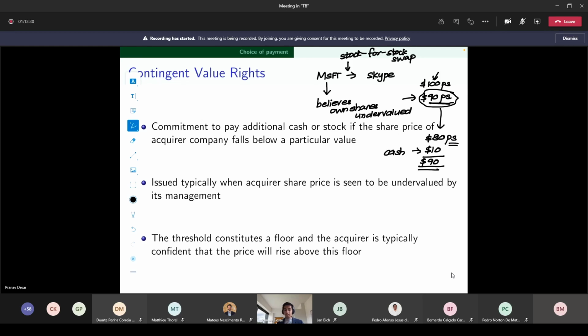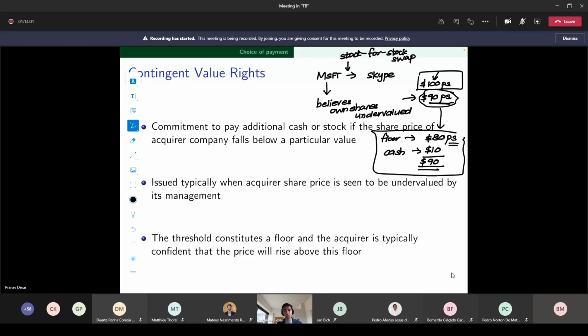So in this case, from the acquirer's perspective, that is from Microsoft's perspective, it is not at all worried about this option being exercised, quite simply because from its private information, it believes that the real value is something like $100 per share. So in that sense, this $90 per share or even the threshold is like a floor, and the acquirer is very confident that it's not going to go below the floor.